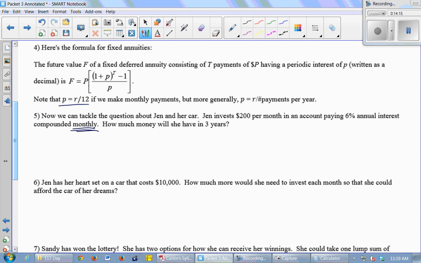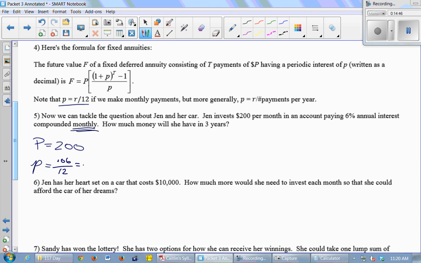And I have to know all these other variables, capital P, little p, and capital T. Okay, so capital P is the monthly payment amount, which would be what? $200. Capital P is $200. Okay, little p is your periodic interest rate. Because we're doing this monthly, we take the interest rate, 6%, 0.06, and we divide by 12.